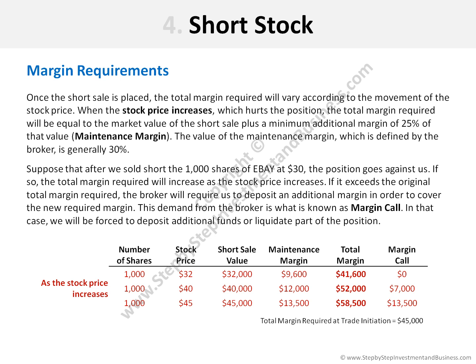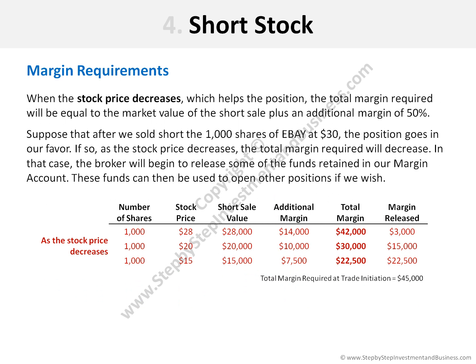As the total margin required at trade initiation had been $45,000, at that time we will be $13,500 below the required margin. So, an additional deposit of $13,500 will be required to maintain our short position. That is, we will receive a margin call for $13,500.